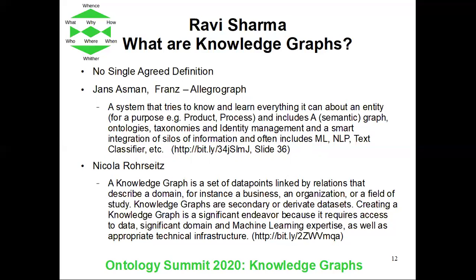Of course, there is behind it a use, purpose, product, or process. And it includes a semantic graph, ontologies, taxonomies, and identities. And the techniques use machine learning, NLP, text classifier.